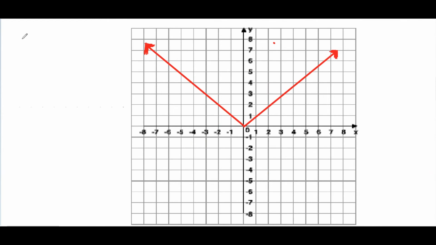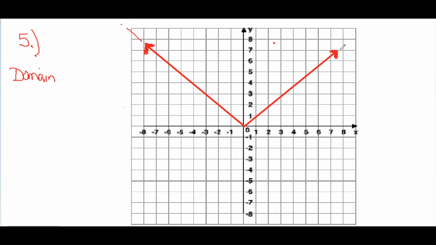Okay, here's graph number 5, problem number 5. Let's carefully look at this in terms of the domain. Notice these arrows are starting at the origin, going to the left with the arrowhead, so it just keeps going and going and going. Same with the right side.